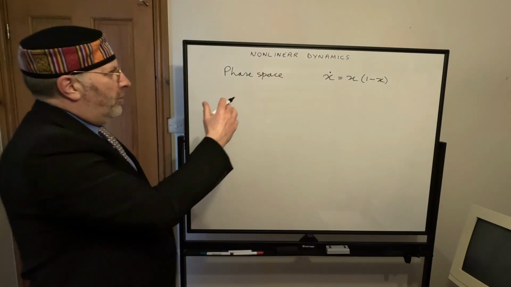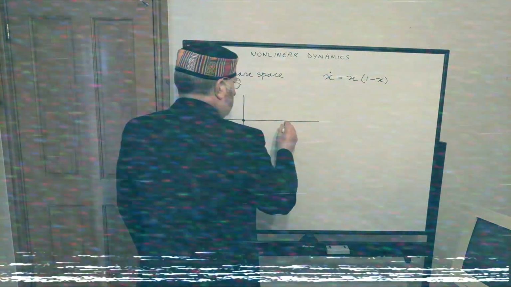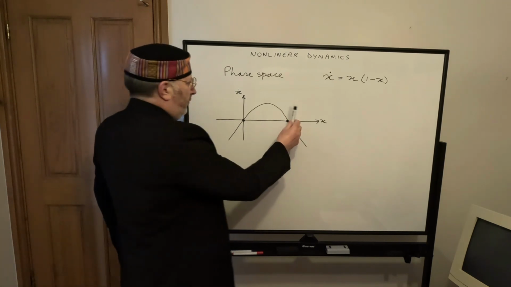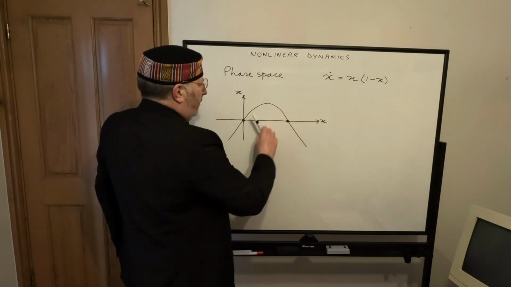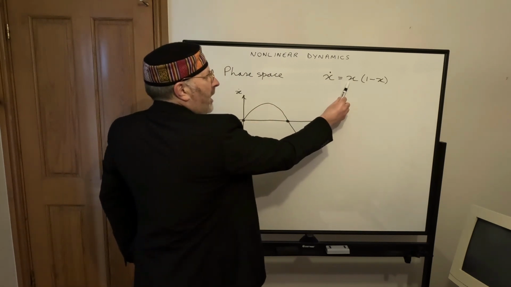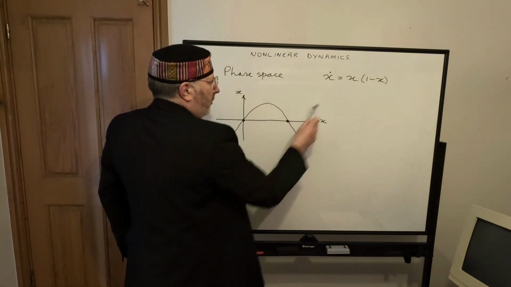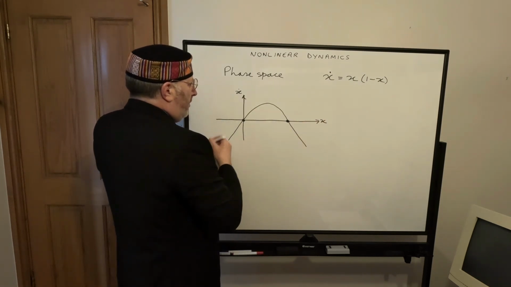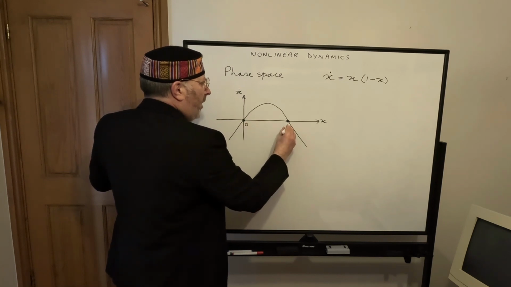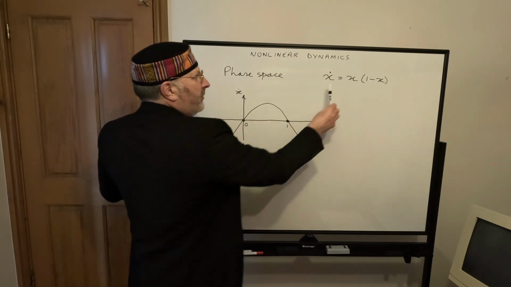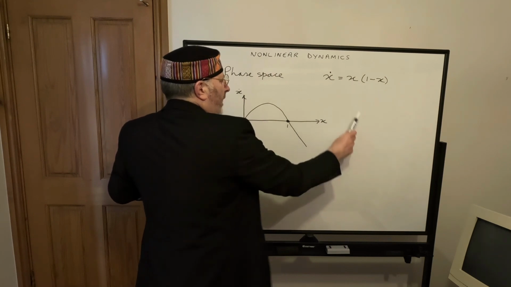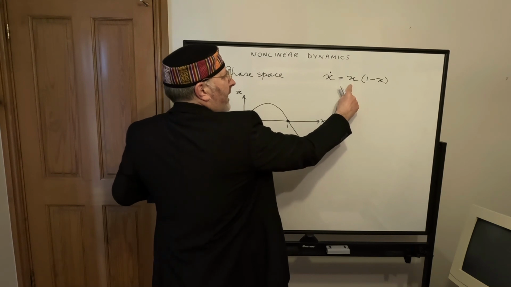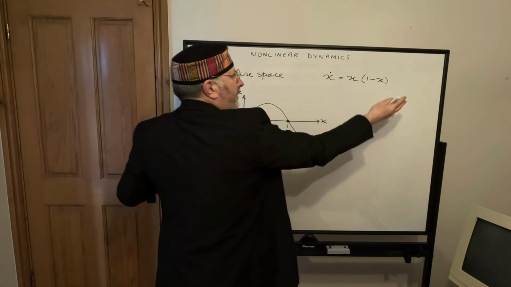And we can draw a graph of this. And it looks like this. So we can see from this equation that firstly x dot is 0 when x is 0, or when x equals 1. That makes that 0. So x dot is 0 at 0 and 1. And the only way for this to be positive is for x to lie between 0 and 1, because if x is less than 0, then x is negative, and 1 minus x will be positive.